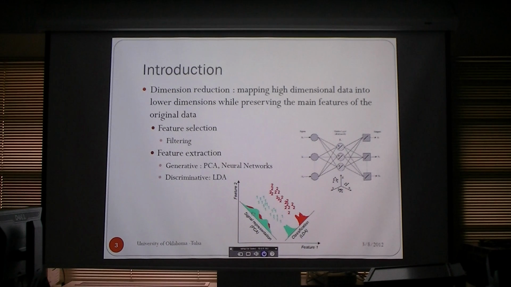For example, this direction is the direction that PCA will choose to represent these two classes of data. But if we use a feature extraction whose purpose is to keep the data of the two different classes separated, LDA will choose this dimension, which can separate the data better than PCA.